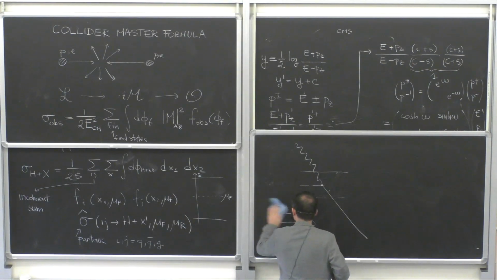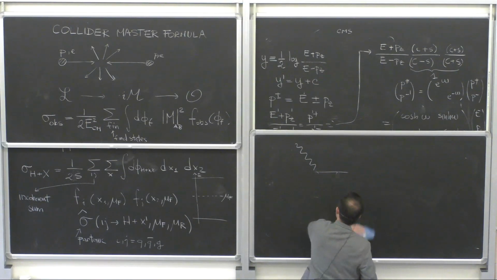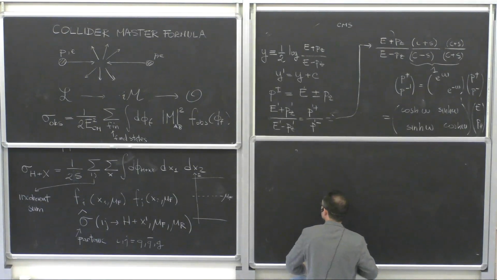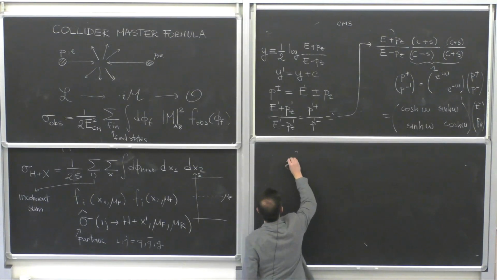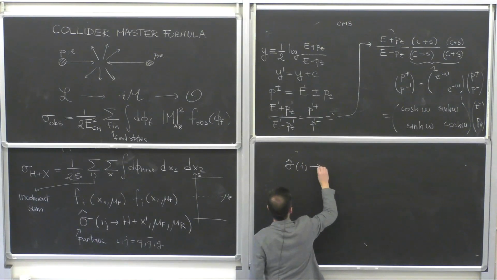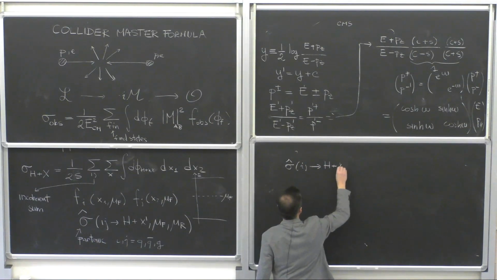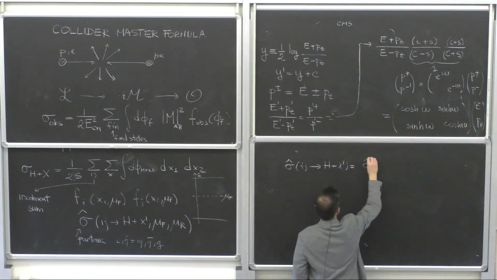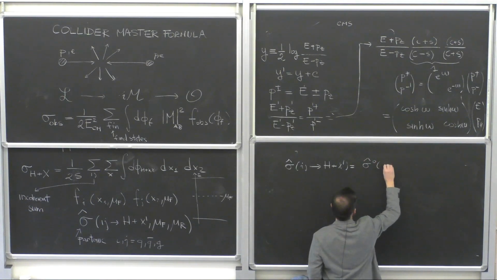Well, what we do for a collider is a perturbative expansion. So we rewrite this partonic cross section and we expand it in terms of alpha s.